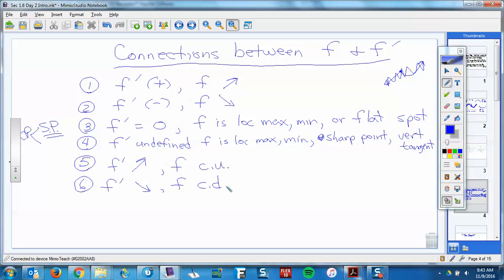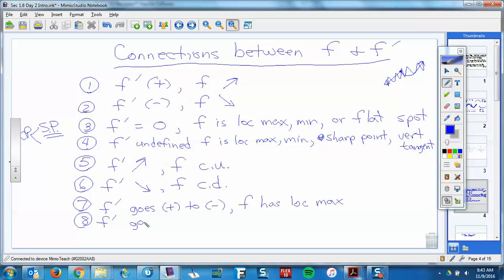Now, what about the switching? Let's get into the switching parts, like the first derivative test. F prime goes positive to negative, f has a local max. And of course, vice versa.